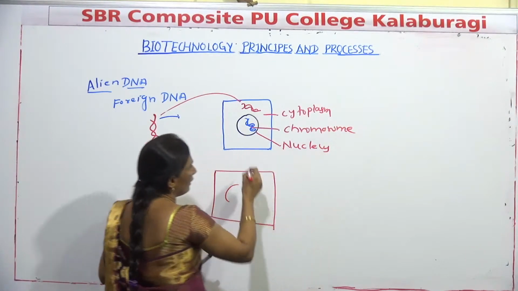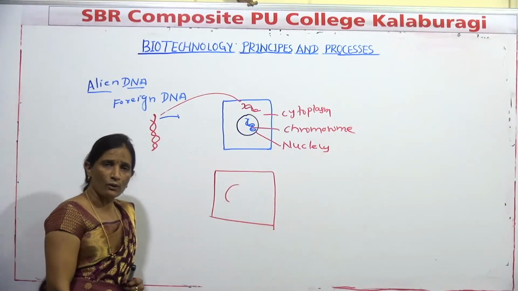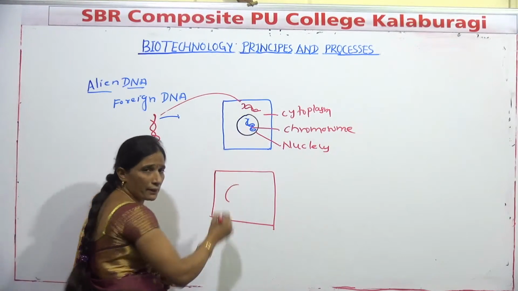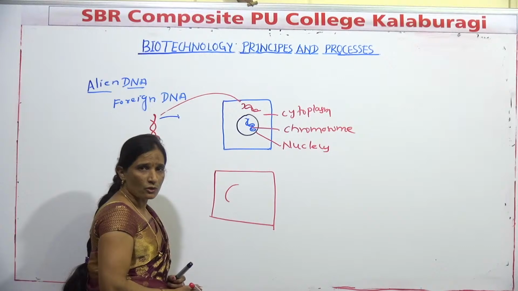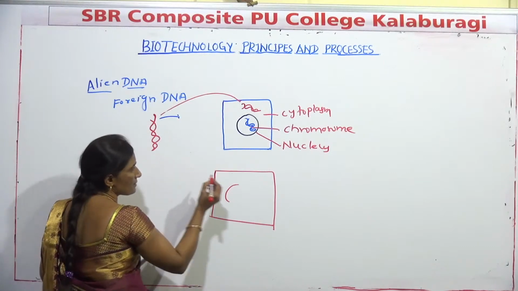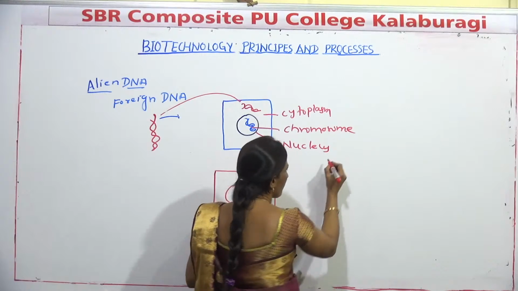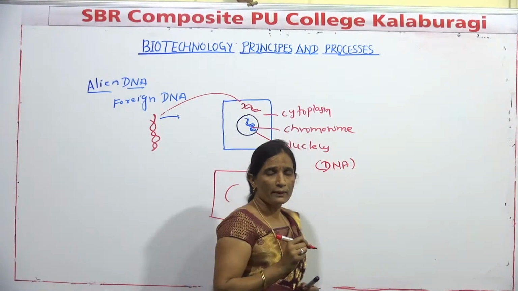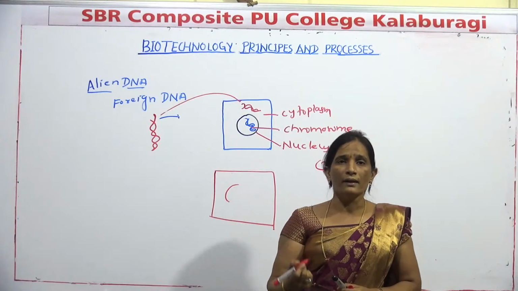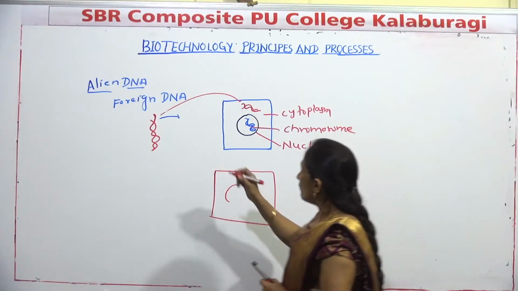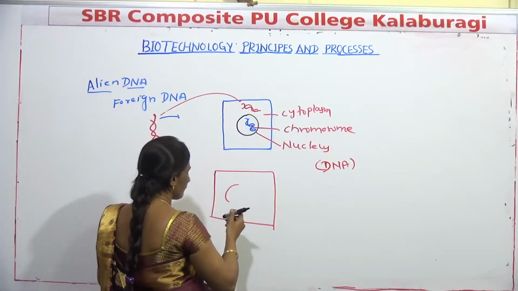You know very well that in the eukaryotic cell we observe the nucleus. Inside that nuclear membrane we observe the chromosome, which is made up of nucleic acid, that is, the DNA. Chemically, the chromosome is made up of DNA as well as protein.